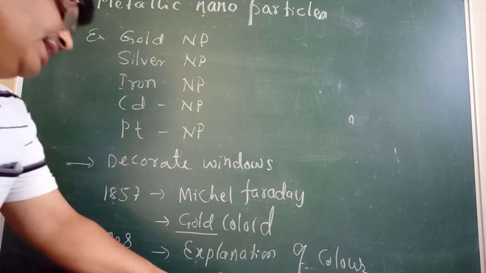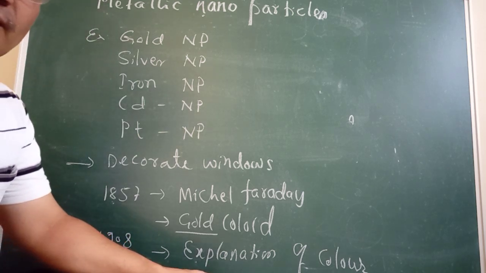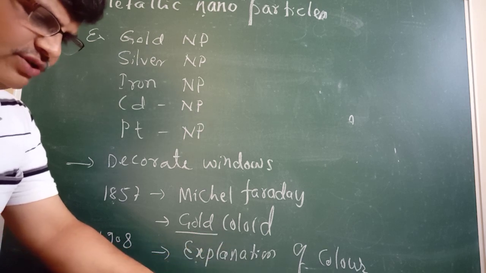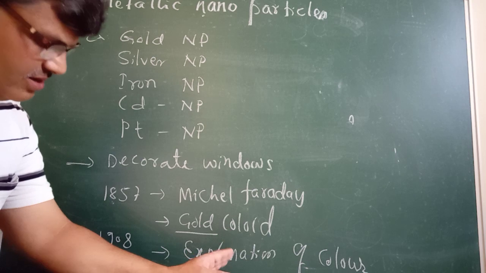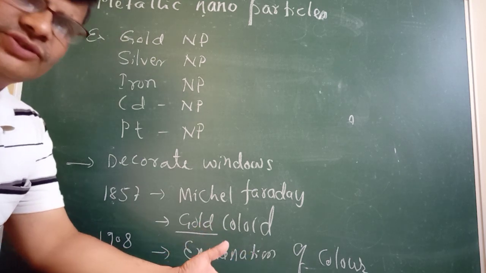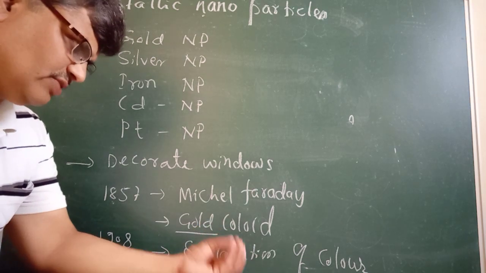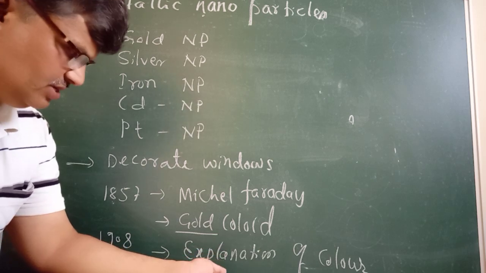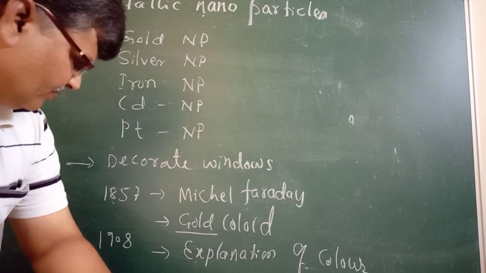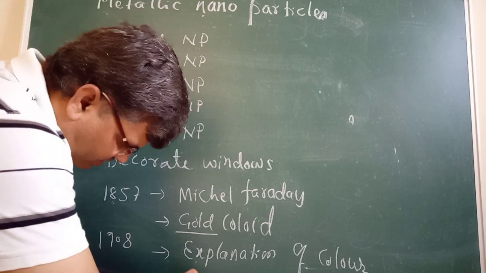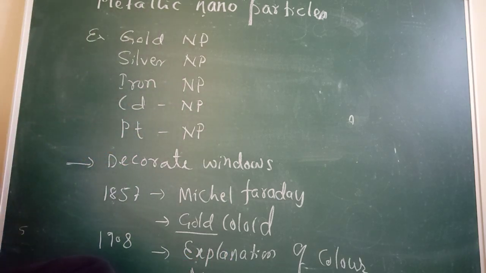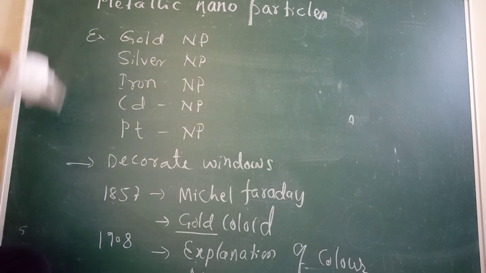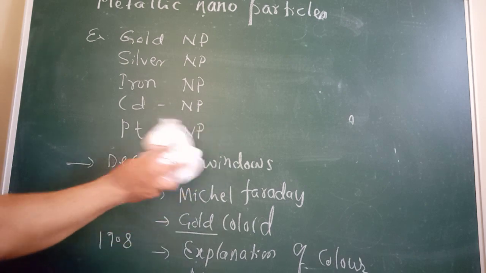What happens? The color changes from yellowish for bulk gold to deep red when the bulk gold, macro gold, is converted into nano powder. This explanation was given by the scientist called Mie, related to the gold nanoparticles.